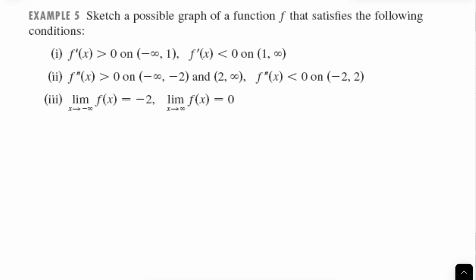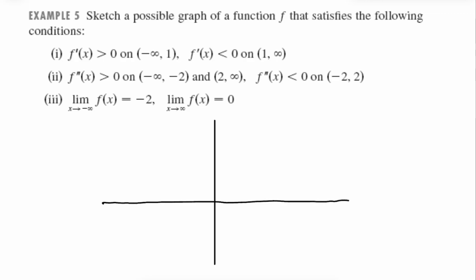So let's draw a graph that fits all the categories that they want here. The values that I see for my x's are 1, -2, and 2.